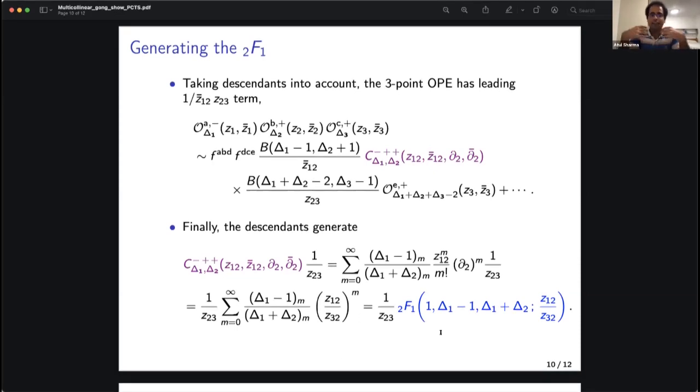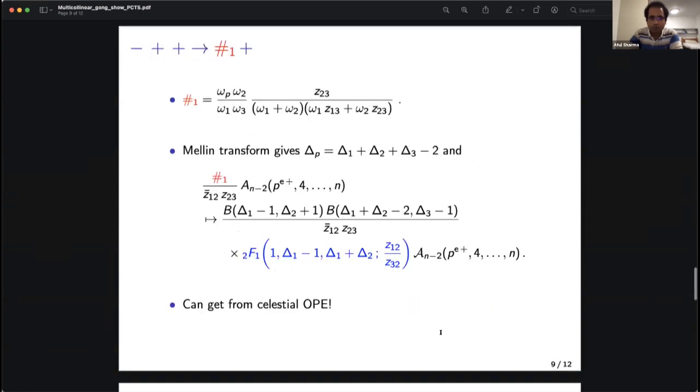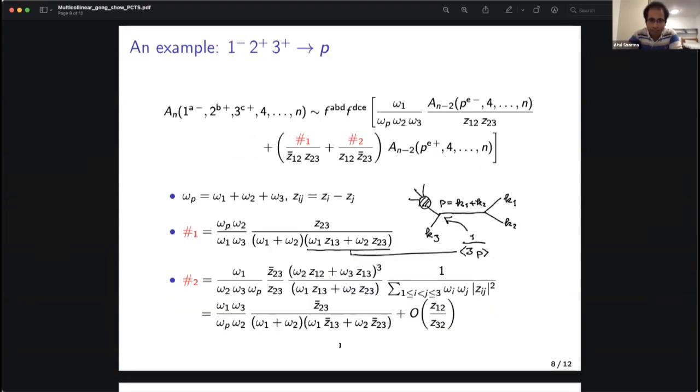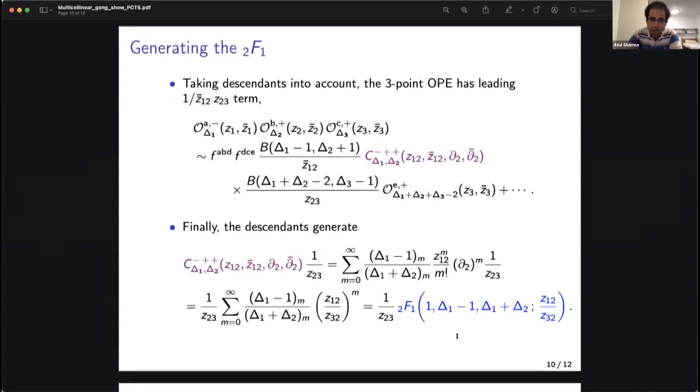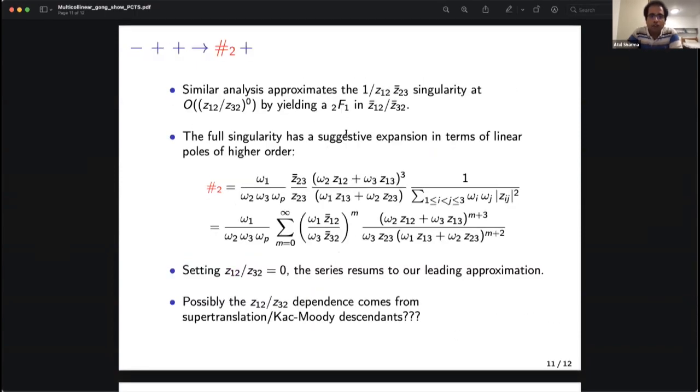And so this holographically generates that 2-particle singularity for you. The other OPE coefficient generates this other leading approximation by the same analysis. A similar analysis approximates the other singularity by yielding a 2F1 in the complex conjugate distance ratio.